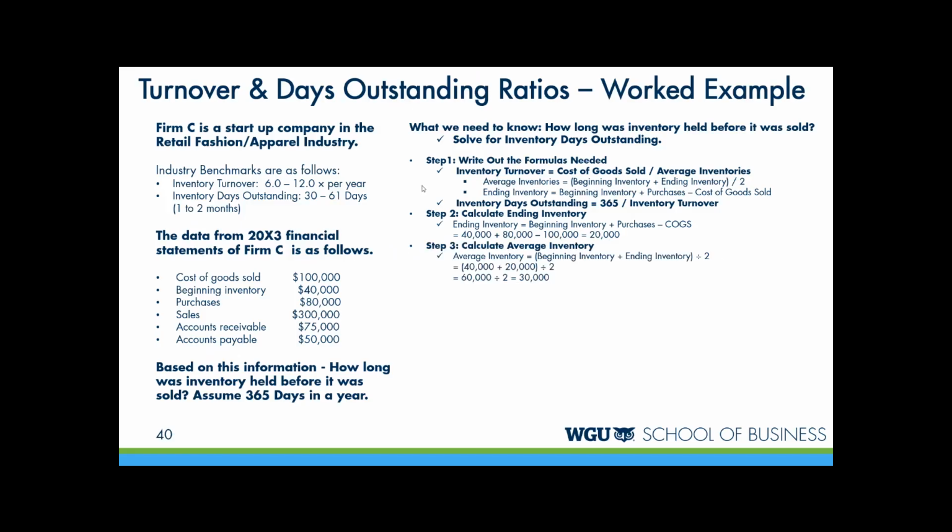Now that we have the ending inventory, we can calculate the average inventory, which is the beginning inventory plus the ending divided by 2. So we take that beginning value of 40,000, ending value of 20,000. That gives us 60,000. Divided by 2 gives us an average inventory value of $30,000.